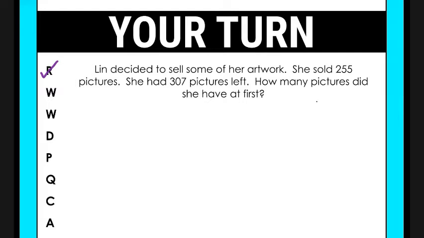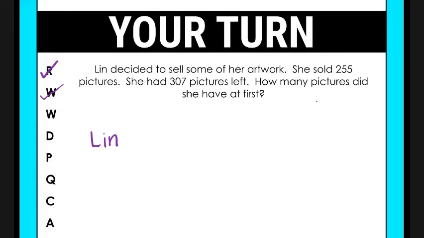Our next W stands for who. So who is my person in this problem? Well, you can see on your worksheet, we already have Lynn written down. The next is the what.